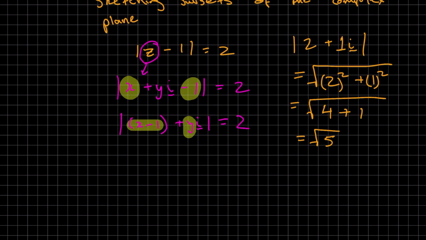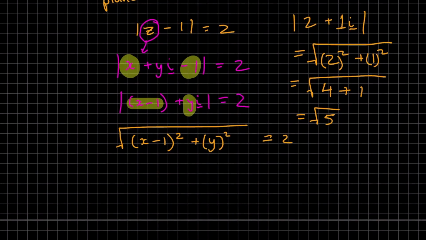So what we're going to be doing for this example over here is the exact same thing. We are taking the modulus of this complex number. So we are going to be taking the square root of the square of the real part of the number and the square of the imaginary part of the number. So let me demonstrate. We are taking the square root of the real part of the number, so x minus 1 squared, plus the imaginary part of the number y, and we are going to square this as well, and that equals 2.